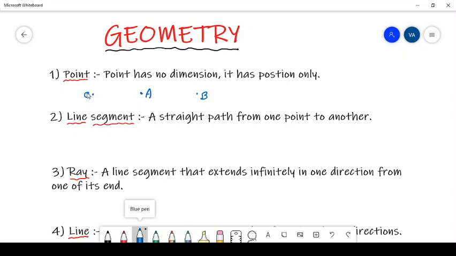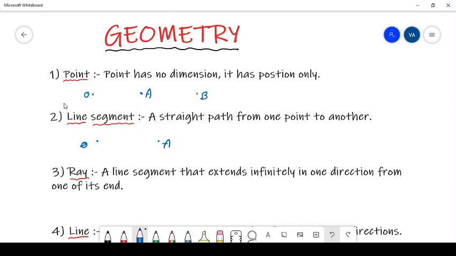Next one, line segment. A line segment is a straight path from one point to another. For example, here, this is one point O and this is another point A. A straight path from O to A. This is a line segment.